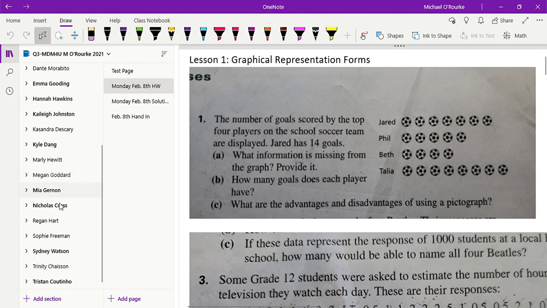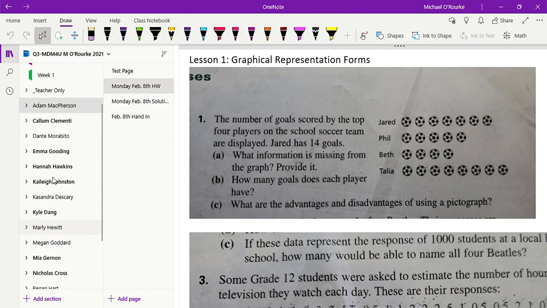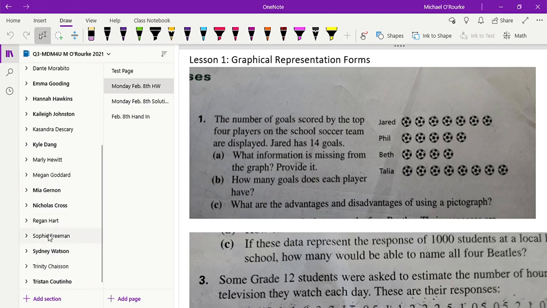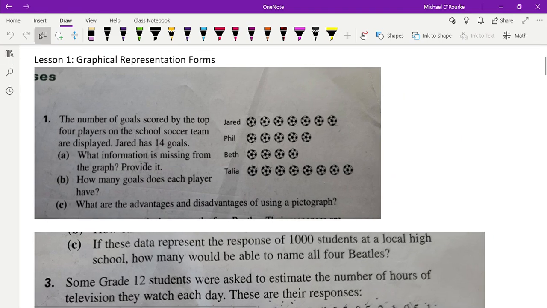Sophie, your name's on here, right? Sophie's name's on here. Madison's is not. Jenny, your name's not here. Isabella, your name's not here. And Diego's name's not here. Maybe that's the issue. Do you have access yet either? No. Fine. So that's probably the issue.